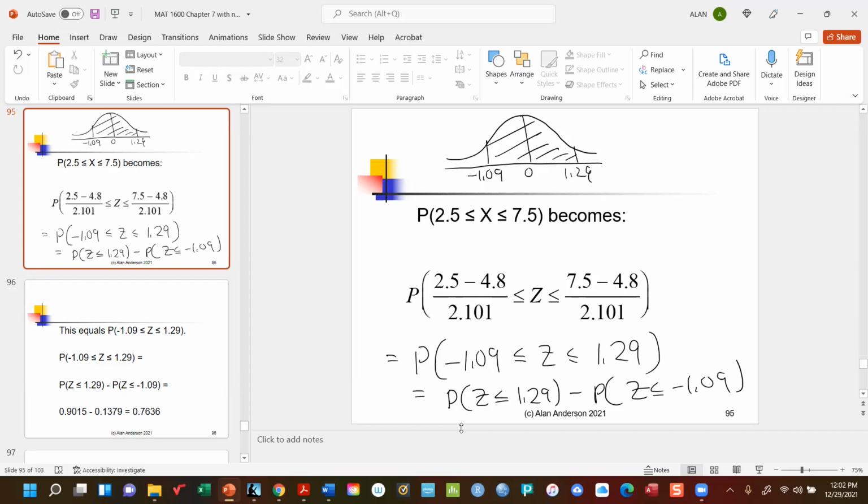Now it's just a question of looking them up in the table. So I've already done that in the next slide, but we'll go back and double check it for practice. Now this part we're very good at. We're already experts in looking things up in this table and coming up with probabilities. So let's do that right now.